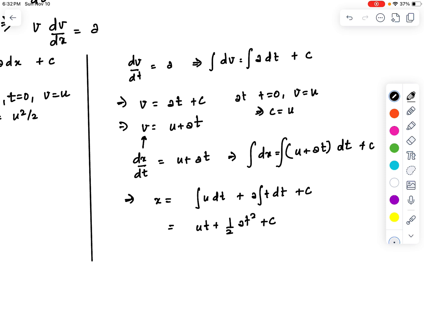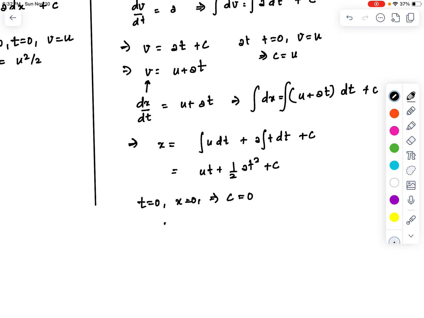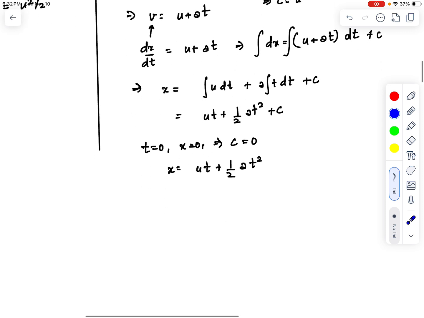Now when t is 0, the distance traveled is 0, therefore the constant term is 0, right? So x here equals ut plus half at square. In our previous derivation, we had used s instead of x, so we have s equals ut plus half at square.